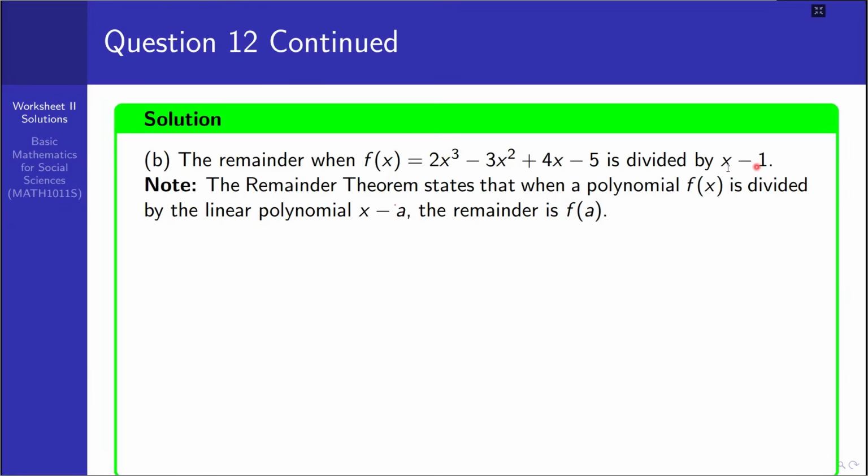To get the remainder when this polynomial function is divided by x minus 1, by the remainder theorem you only substitute r, in this case is 1, that is 1 in the place of x here.